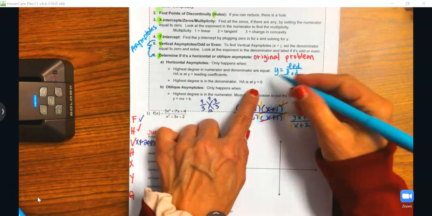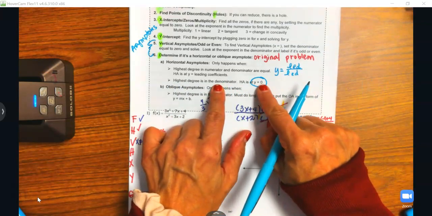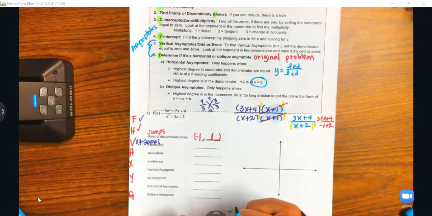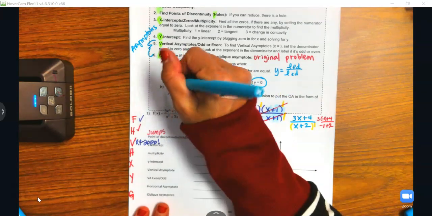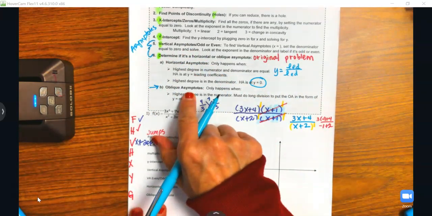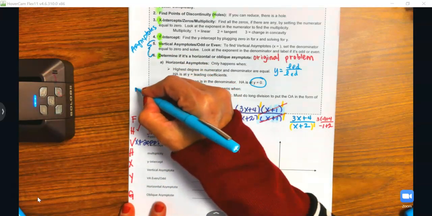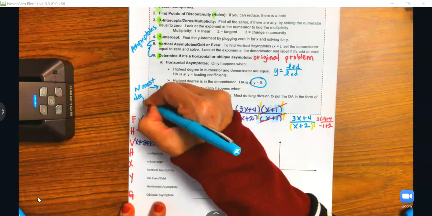If the denominator has the most degrees, so easy, it's just the x-axis, y equals 0. If the numerator has the highest degree, we don't even have a horizontal asymptote. What we're going to have is an oblique asymptote, and we'll talk about that later.